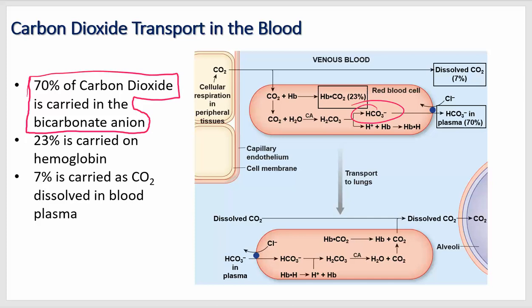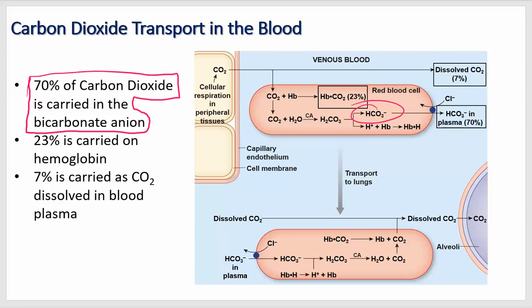Also of note, the bicarbonate doesn't build up in the red blood cell because it's moved out by a chloride-bicarbonate exchanger. We're not too concerned about that right now, but in case you're curious how bicarbonate gets out of the cell, that's how.